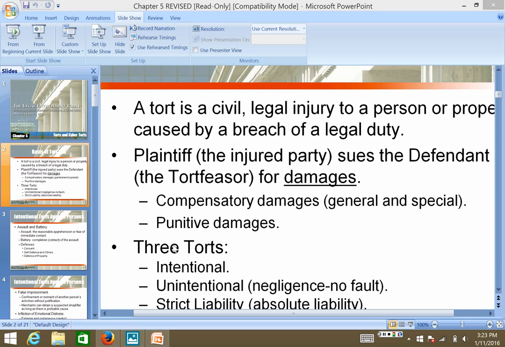In addition to compensatory damages, there is an element of damages known as punitive damages. Punitive damages, punitive meaning to punish, are damages that are designed to punish a wrongdoer and to deter the wrongdoer and others like the wrongdoer from engaging in similar type of conduct in the future.